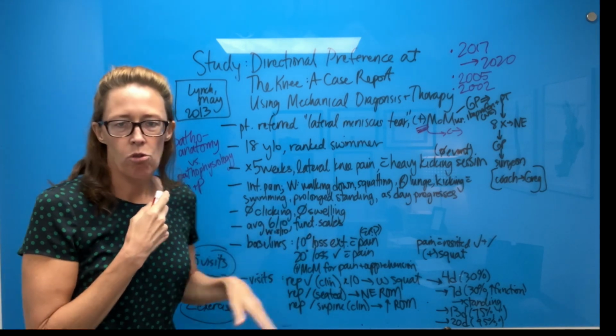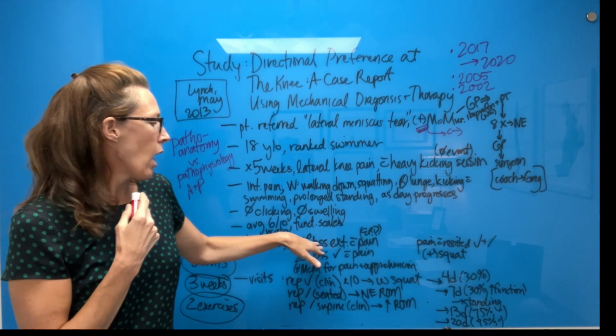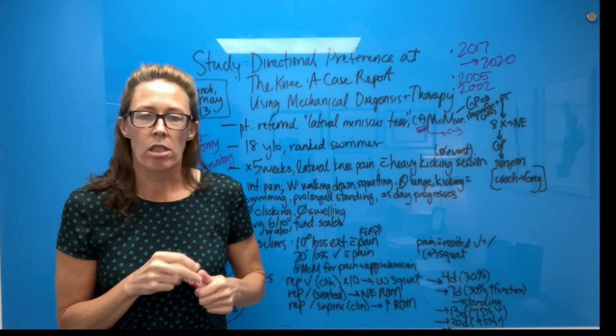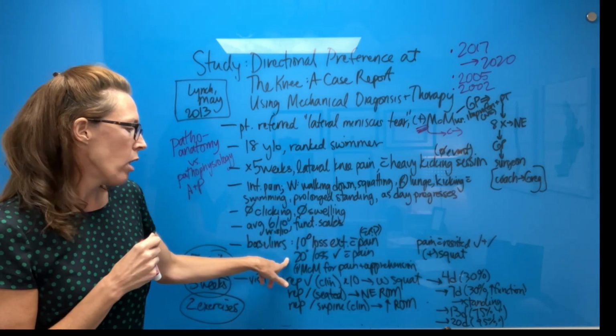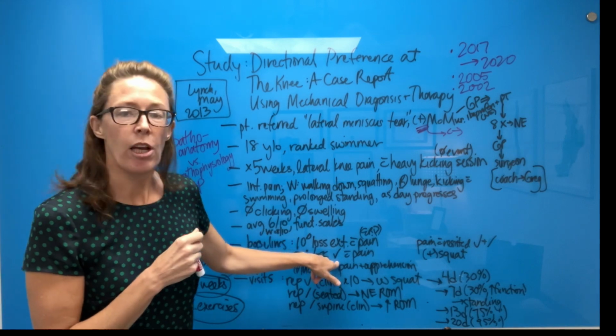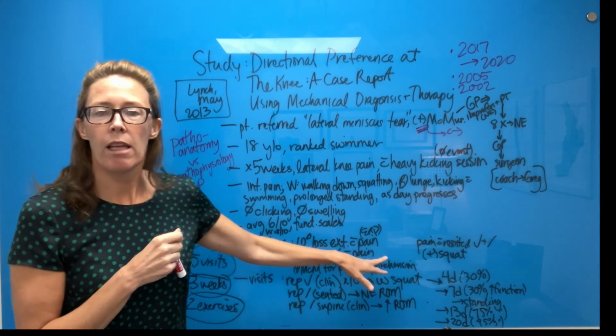Her baselines, so she came to see Greg Lynch, her baselines in the first visit: 10 degrees of loss of knee extension with end range pain, 20-degree loss of knee flexion with pain as well. Positive McMurray for pain and apprehension.